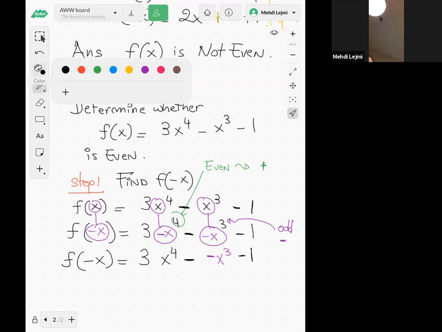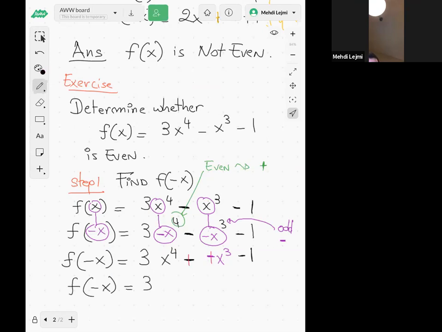Now, as I said in the previous example or exercise, here we have minus minus, so it's going to be a plus. So f of minus x is actually 3x to the fourth plus x cubed minus 1, because we have two minus signs, so it's going to be plus.